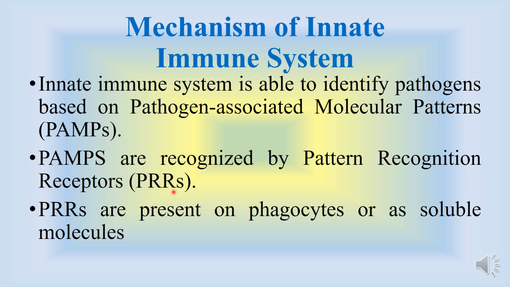These PRRs are present on phagocytes or as soluble molecules. So we had just talked about the phagocytes, which are cells of innate immune system, and these phagocytes have special receptors known as pattern recognition receptors, and these pattern recognition receptors are able to identify specific pathogens.